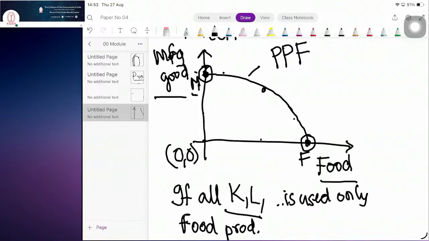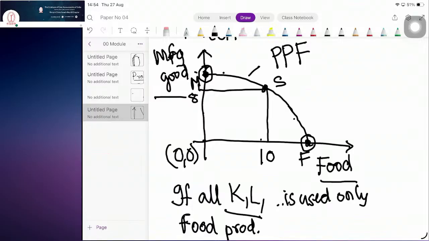Suppose I am taking a point like this, say S. At S, suppose we have, let me take some number, 10 units of food and 8 units of manufactured goods. Can you tell me what I should write for F and M?